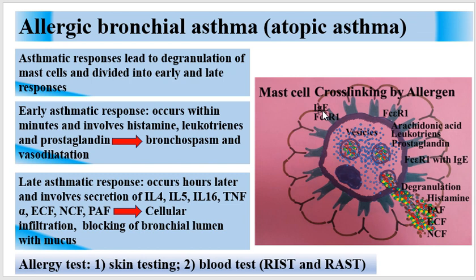allergens. In allergic individuals, nearly 90% of Fc epsilon R1 or these high affinity receptors are occupied by IgE to allergens, and this takes place during first exposure.